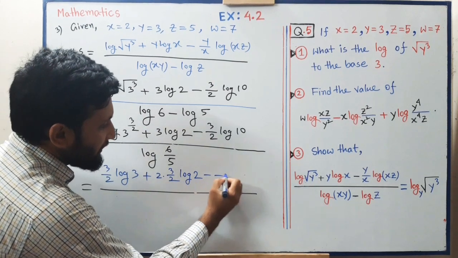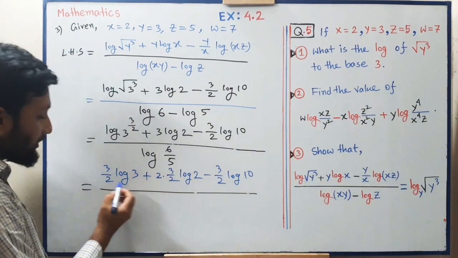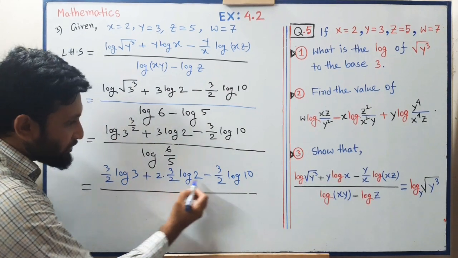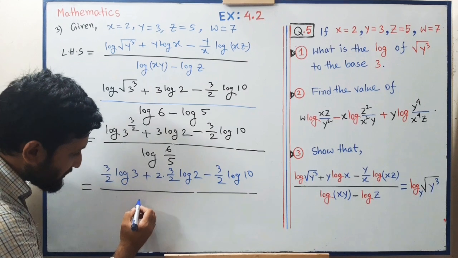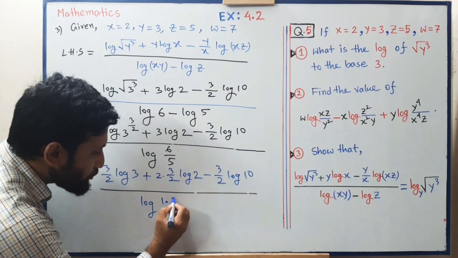And then minus 3/2 log 10. So the common coefficient is 3/2 in each term, and in the denominator we can write log 6/5, that means log 1.2.